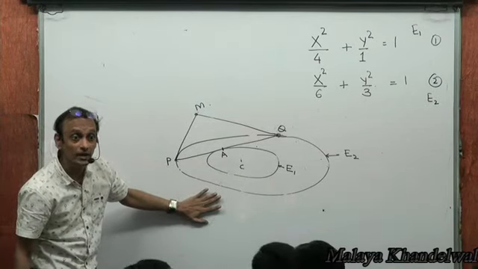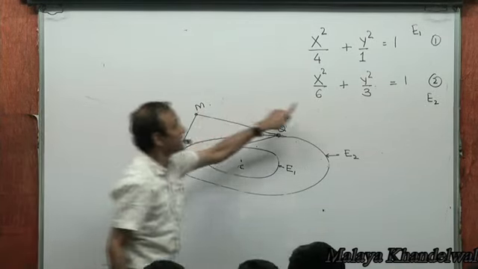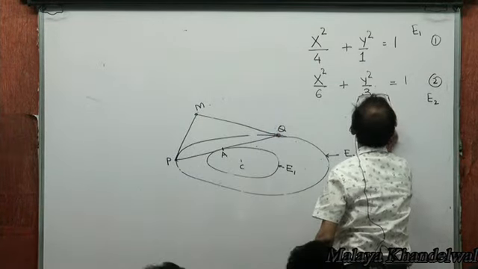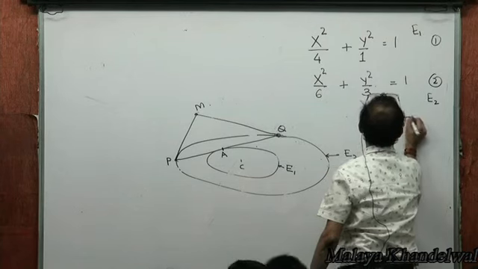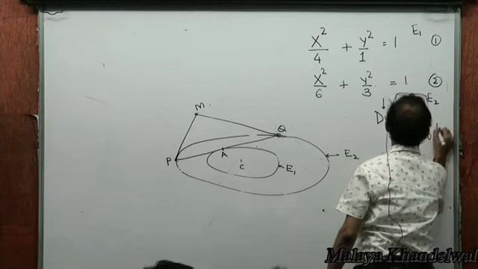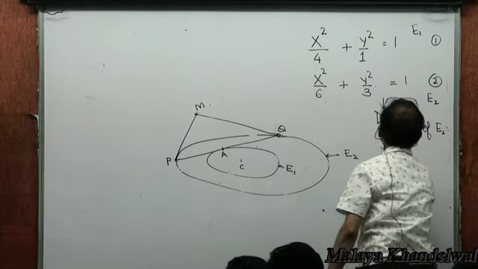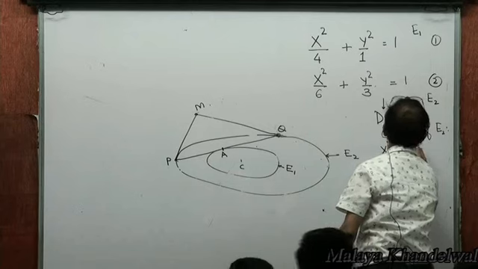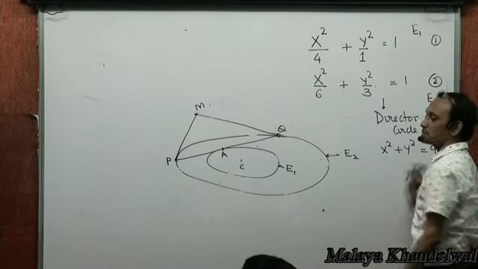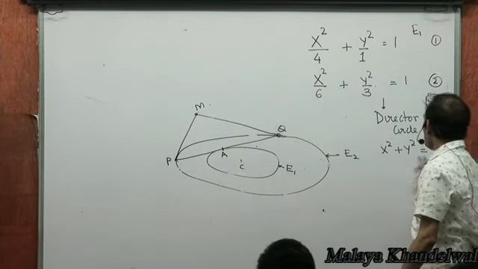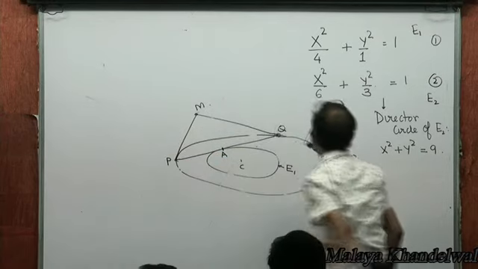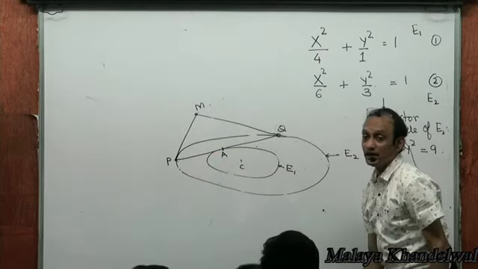Have I done director circle in my last class? Right? The director circle of E2 is x square plus y square is a square plus b square. That means 6 plus 3, which is 9. That's the director circle of E2. That means if you select any point on the director circle of E2 and draw tangents to E2, then those tangents will always be perpendicular.